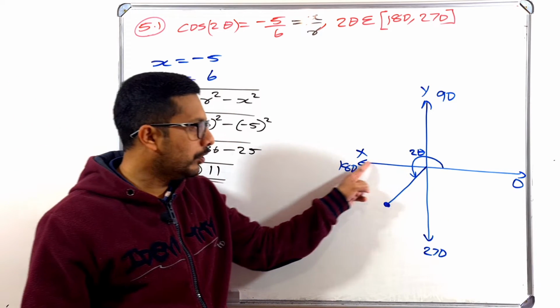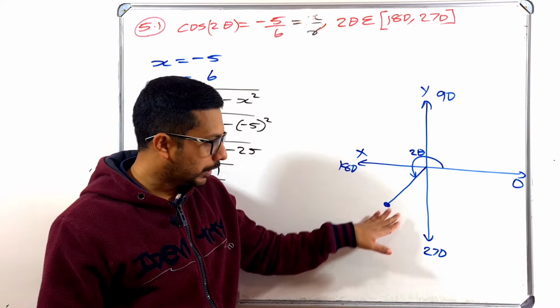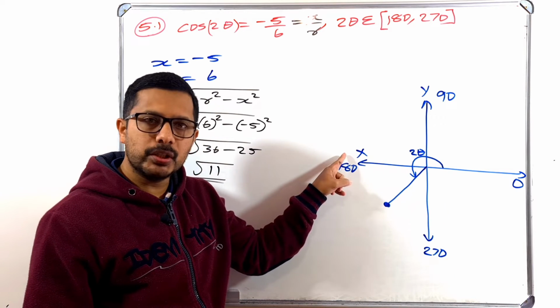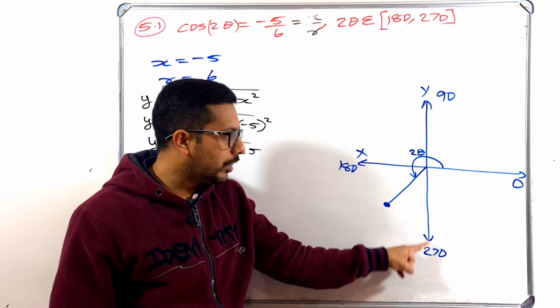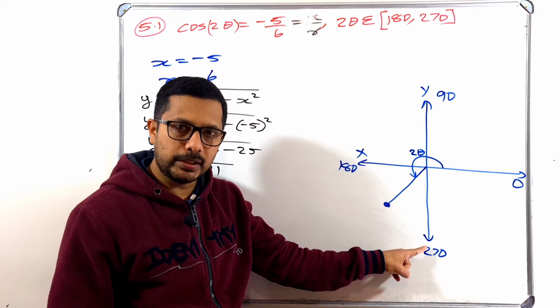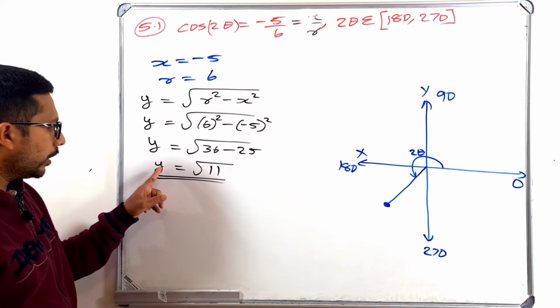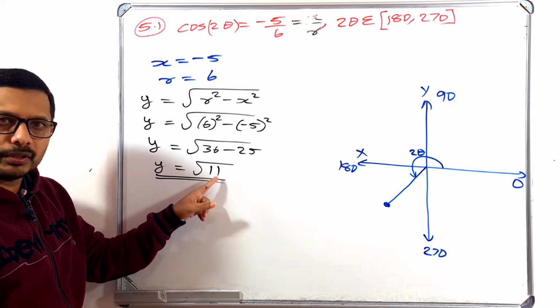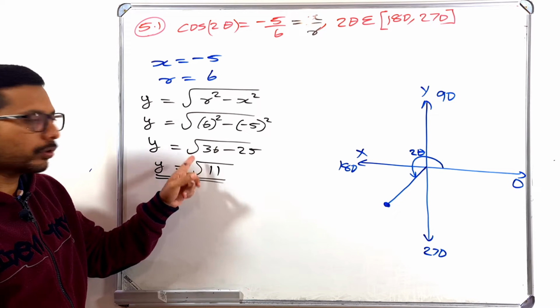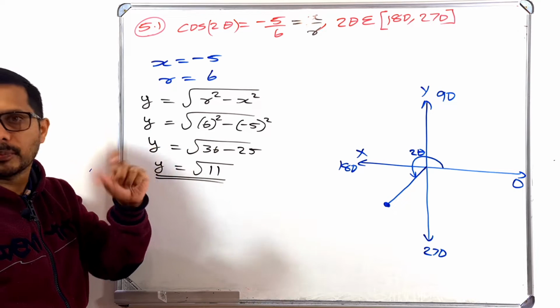Okay, so you must be careful. Here the x value is negative. Am I right? On the third quadrant, the x value is negative and the y value is also negative. So even though you are getting y equal to square root of 11, when you write a square root of 11, you are supposed to write a plus or minus.